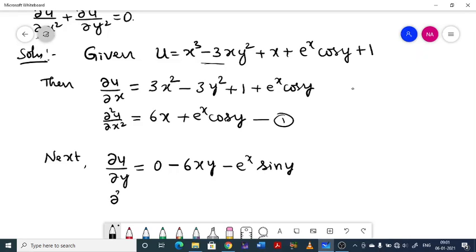Dou square u by dou y square: again you have to differentiate with respect to y, minus 6x minus e power x cos y. Now add equations 1 and 2.